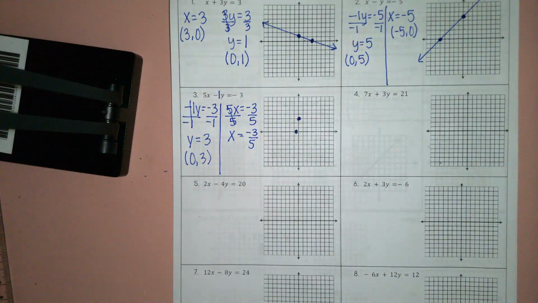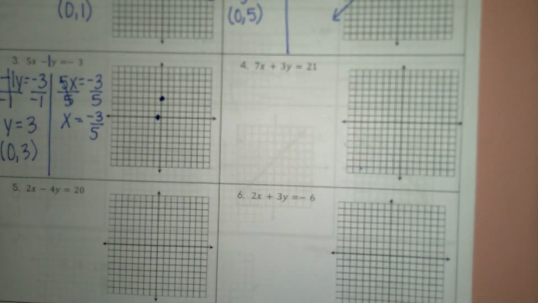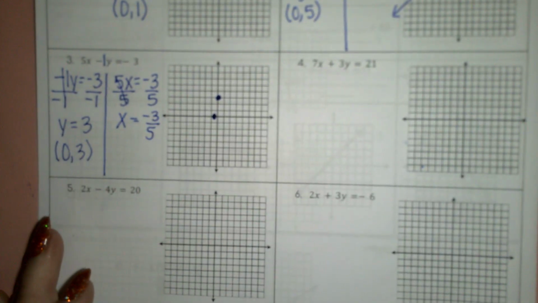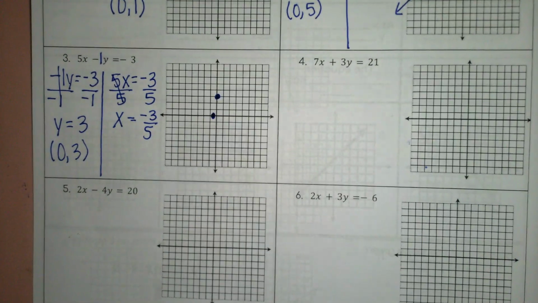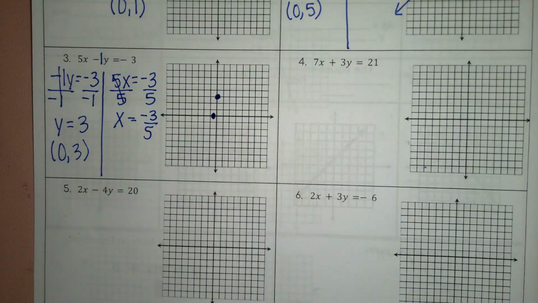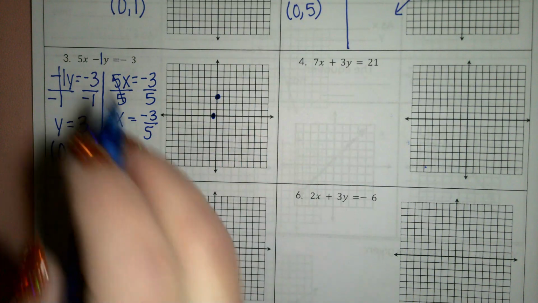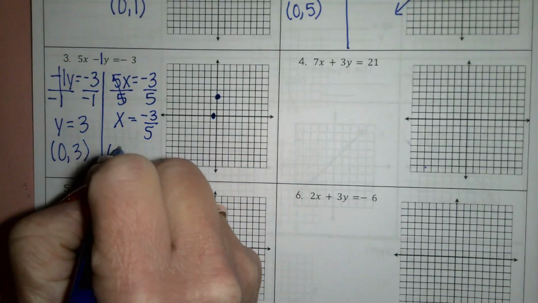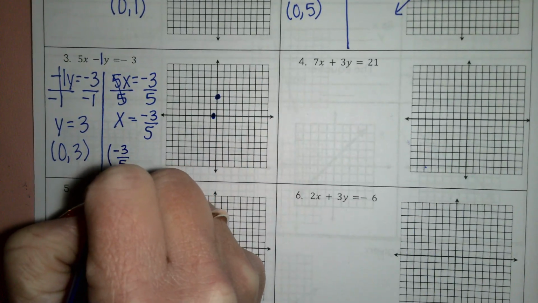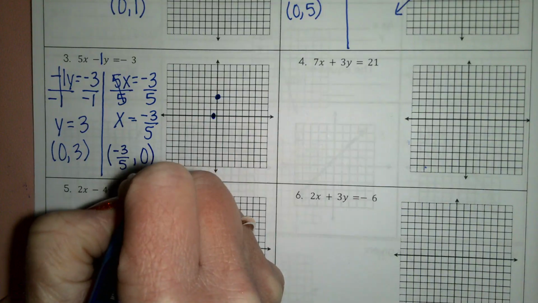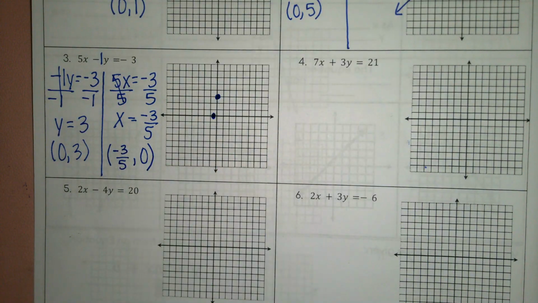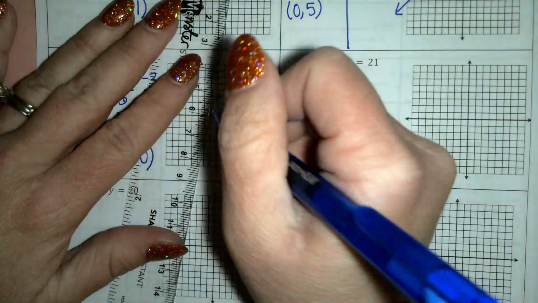So it's going to be halfway in between 0 and 1. So that ordered pair would be negative 3/5, 0. Then we're going to connect those two dots.